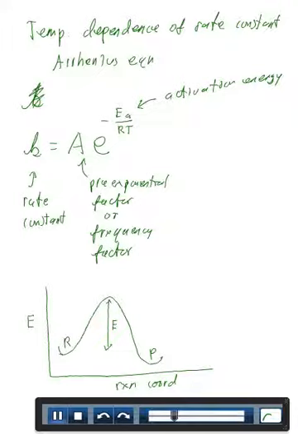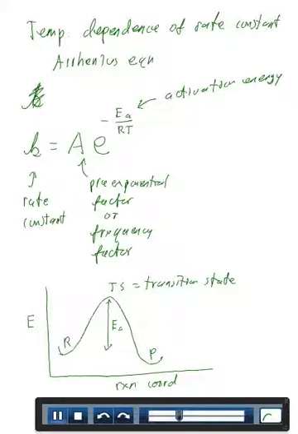Now we have to go through an energy barrier most of the time for a reaction to happen, so we have to go up in energy, and this barrier is called the activation energy. It's the distance in energy between the reactant and what's called a transition state, and the transition state is at the very top of the barrier.